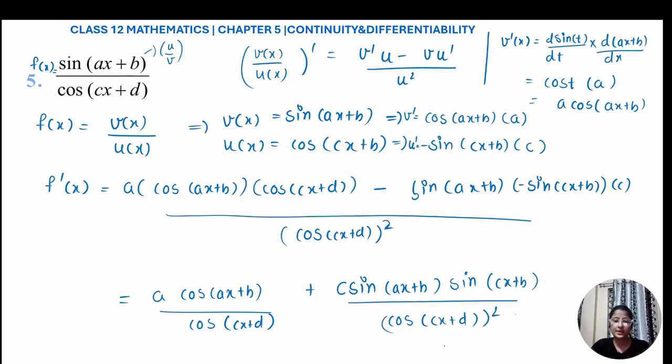Okay, if you want to write it in tan form also, you can, but I don't think there is a need. You can stop here also. But if you want to move one step further, I can write it for you.